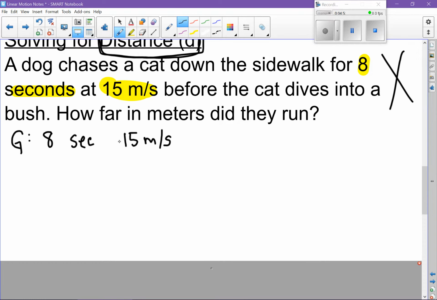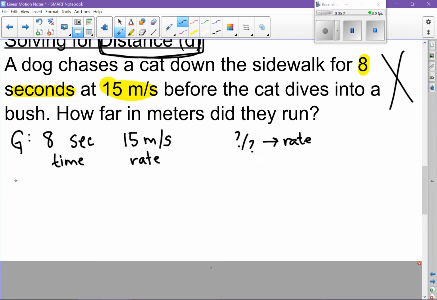And I like to write the units afterwards because that helps me figure out what all of the pieces are. So now I can see, I know that 8 seconds, that must represent a time. And this 15 meters per second, whenever you have something over something else, that always is your rate. Okay, so that's a clue to help you figure out that that number is a rate.